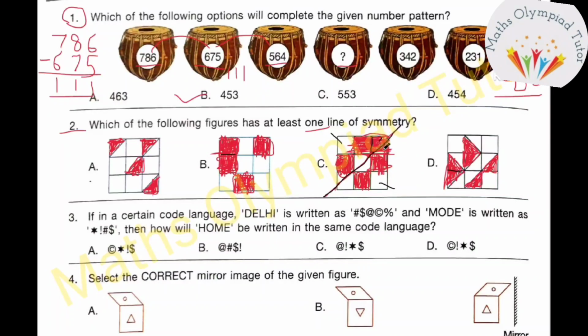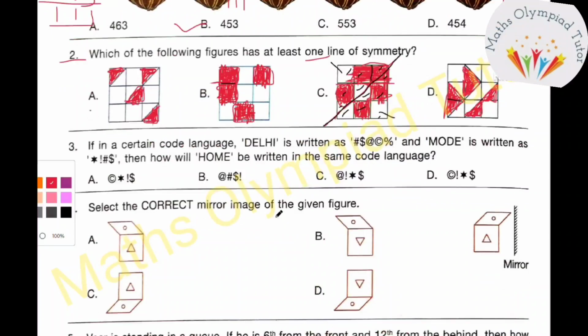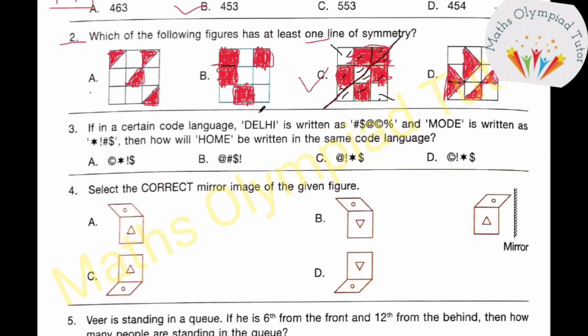Similarly, here the half part is similar to this. So both the parts, the upper part and the lower part, are exactly similar. This means this figure is symmetrical about this given line of symmetry. So this is the meaning of a symmetrical figure. So we'll choose option C as our answer.